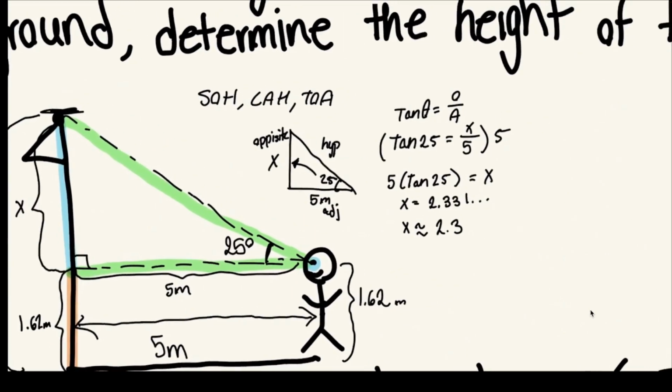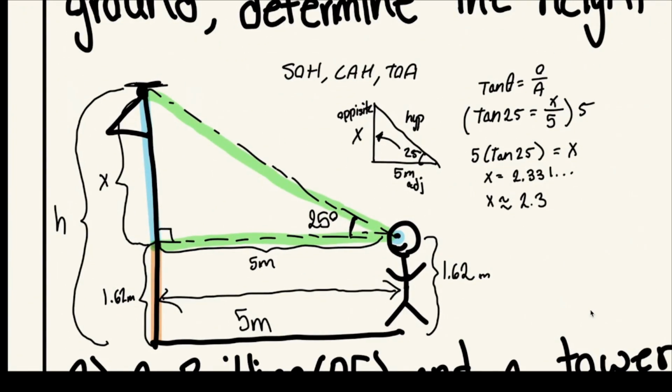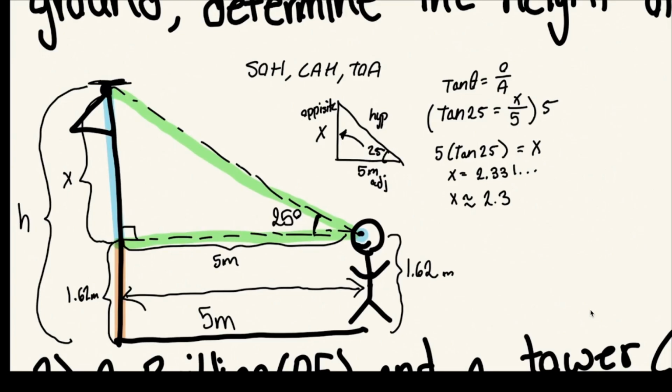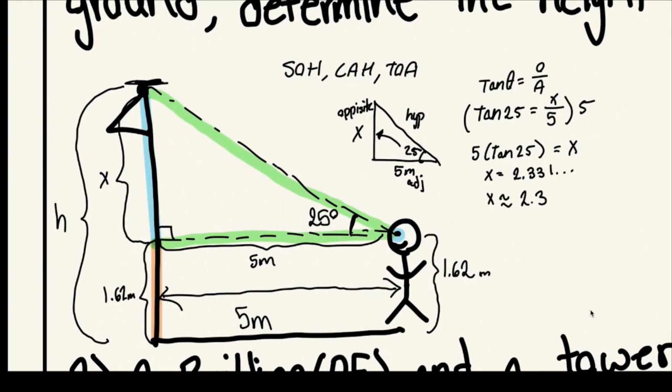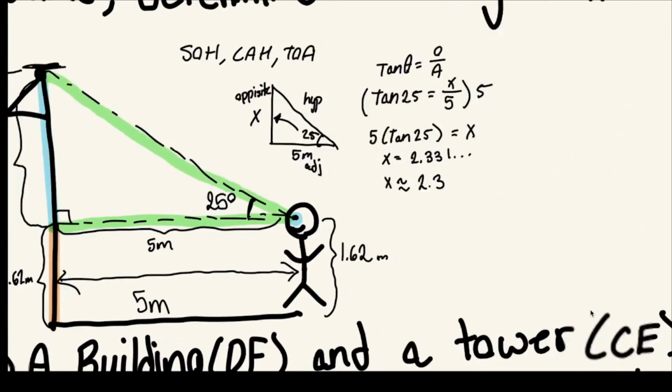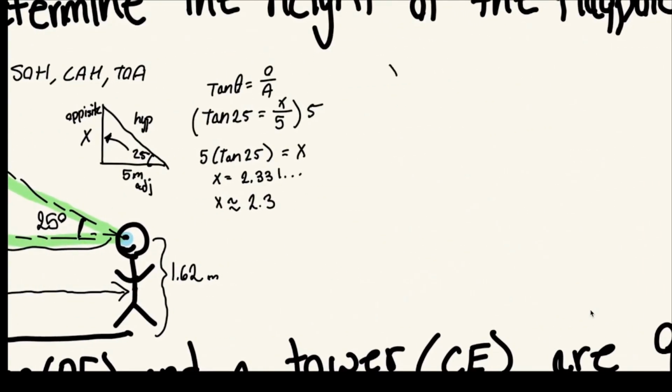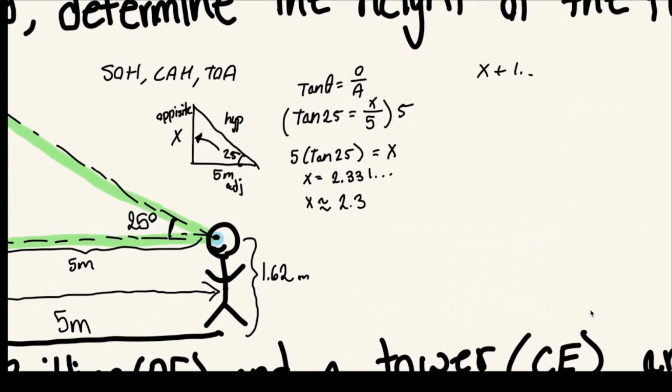And now that we know what X is, we have enough information to figure out the height, because remember, the height of the flagpole is also part of it, 1.62 meters. So we actually have to do X plus 1.62 equals H. And then what does X equal? 2.3 plus 1.62 equals H.